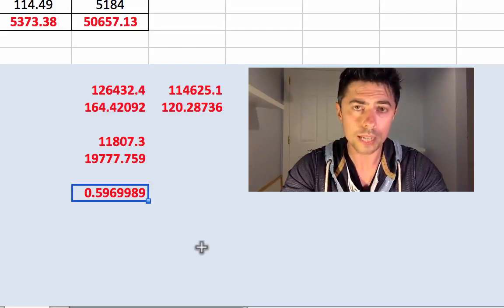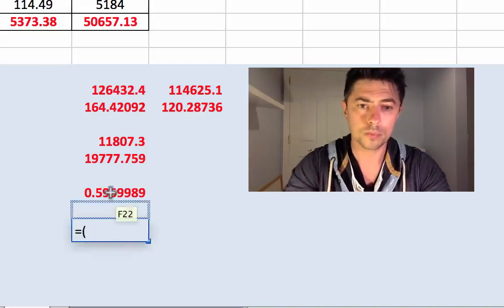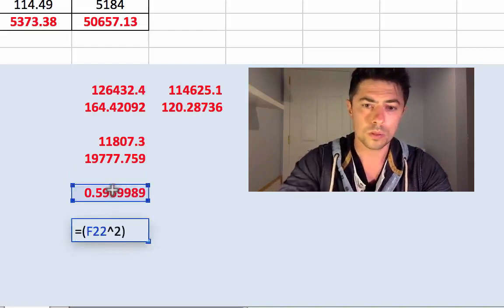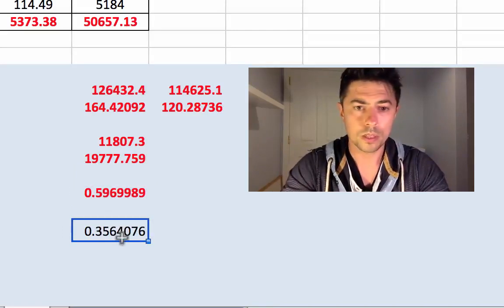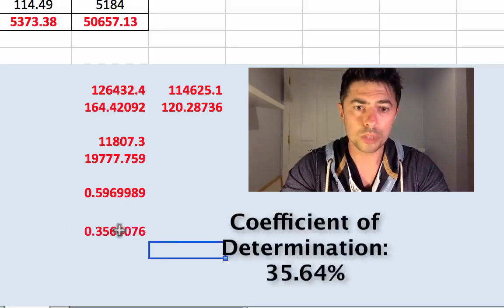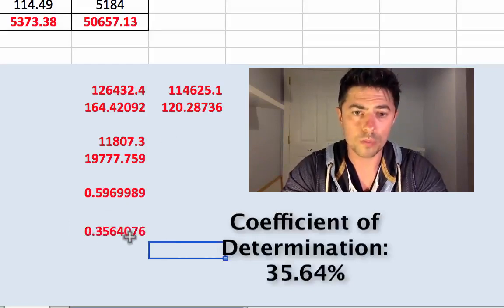Now, just to go on to calculate the coefficient of determination, to get that we just square your r value. And we have 0.3564.